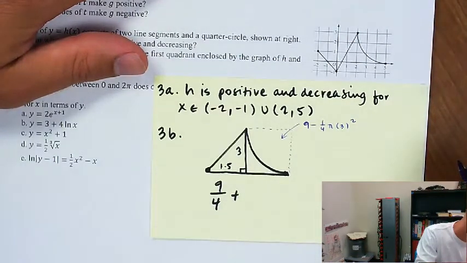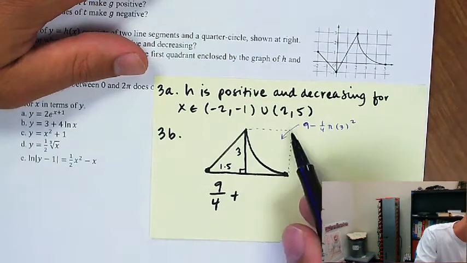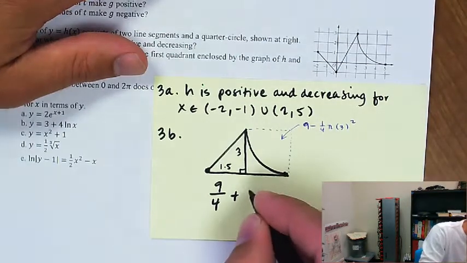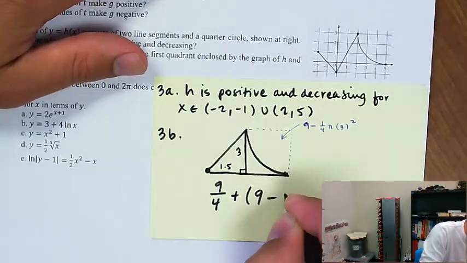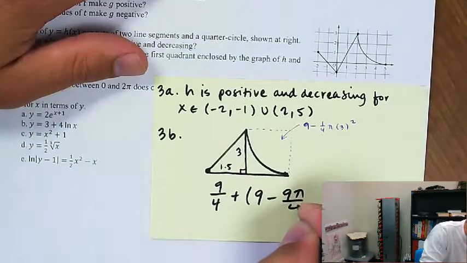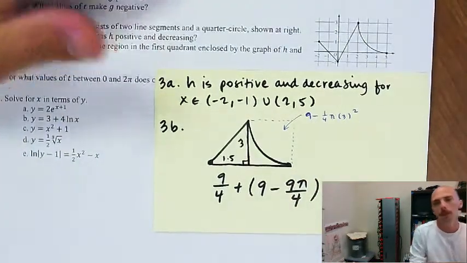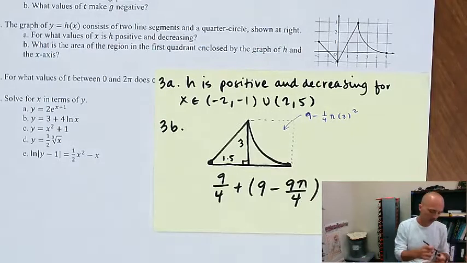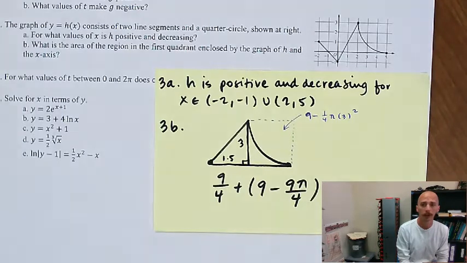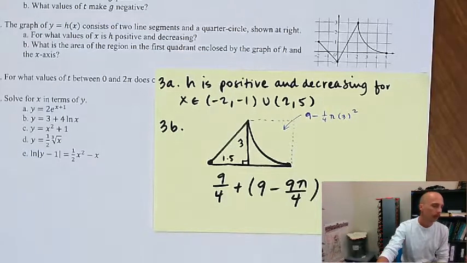So this is 9 minus 9 pi over 4. Again, we could do arithmetic on that. We could say that 9 is 36 over 4 plus 9 is 45 over 4 minus 9 pi over 4. You could call it 45 minus 9 pi, all divided by 4. You know, really whatever you want. It's all the same number. Okay.